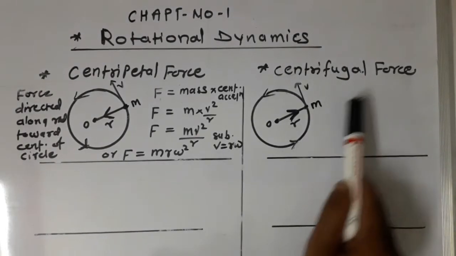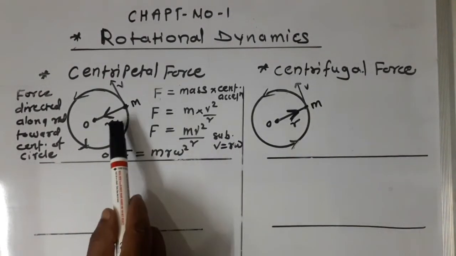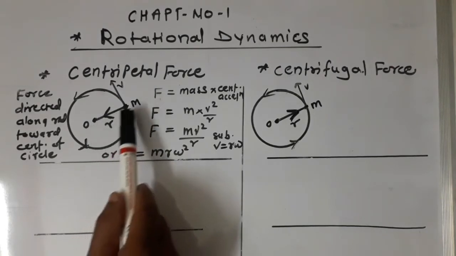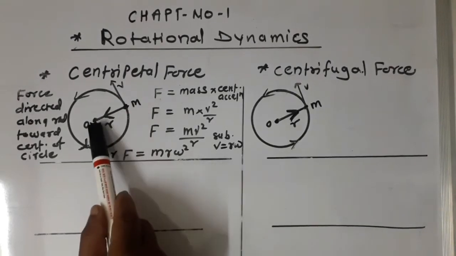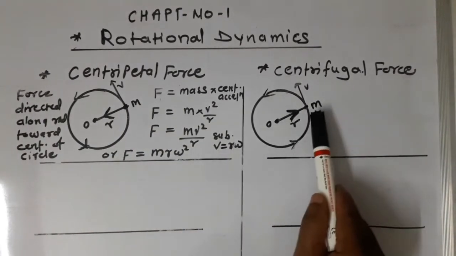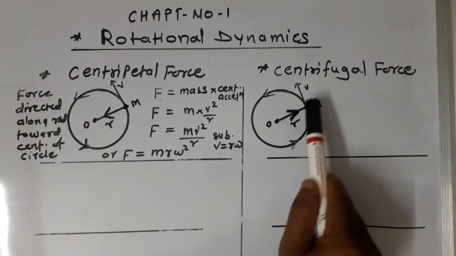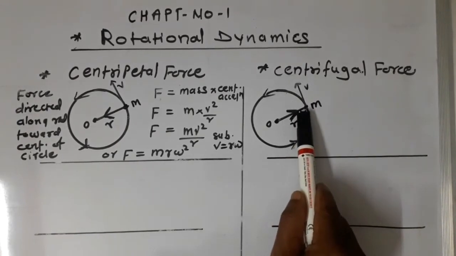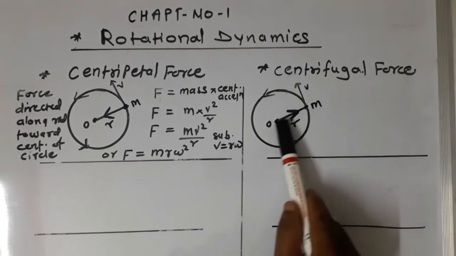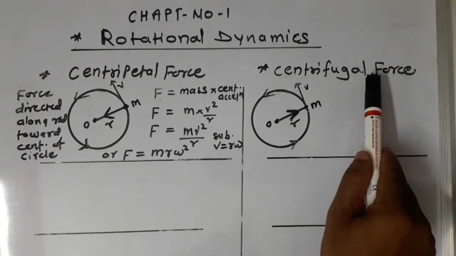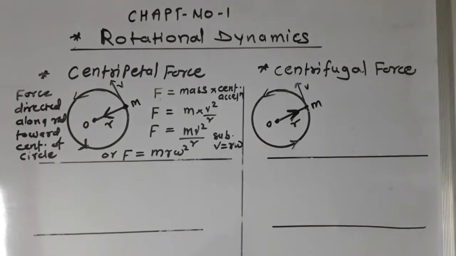In centrifugal force, the only main distinction between them is this: this arrow is directed towards the center of the circle, and here it is away from the center of the circle. That means a particle performing UCM acted upon by a force directed along the radius but away from the center of the circle is called a centrifugal force.